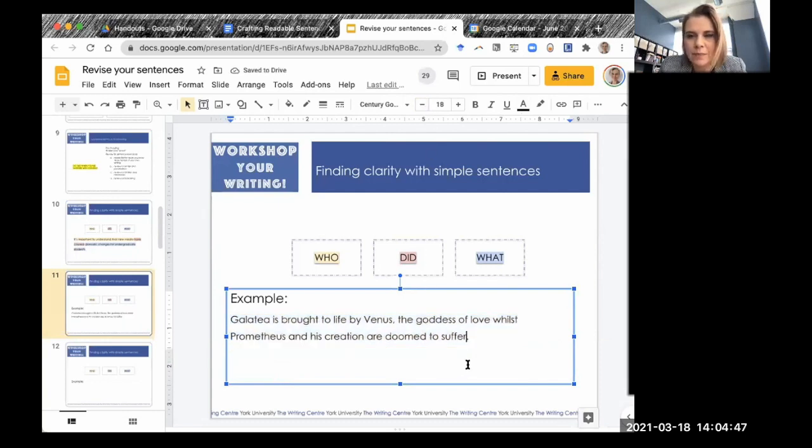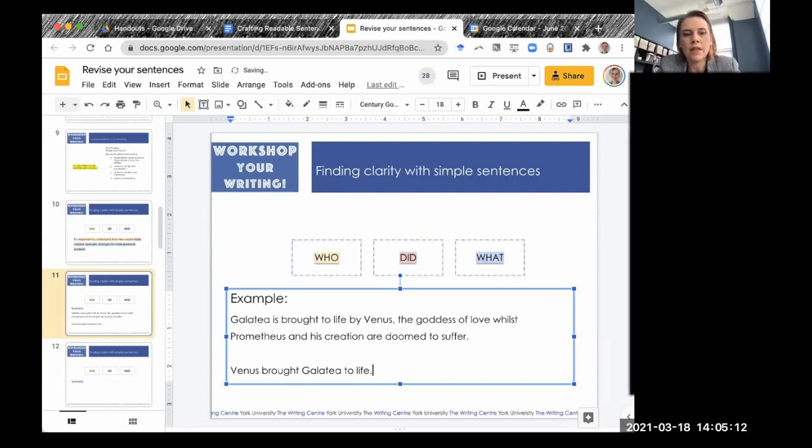Or Venus, passive structure, Venus. So lots of people are saying Venus, right? I think Venus is the thing that is bringing to life. So that's our subject. So Venus brought Galati to life.